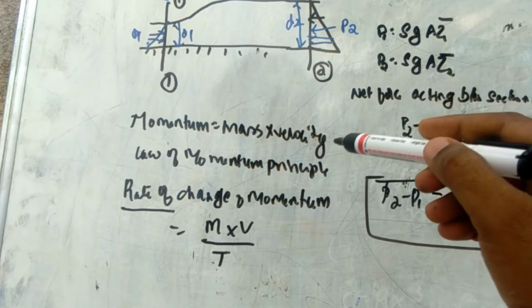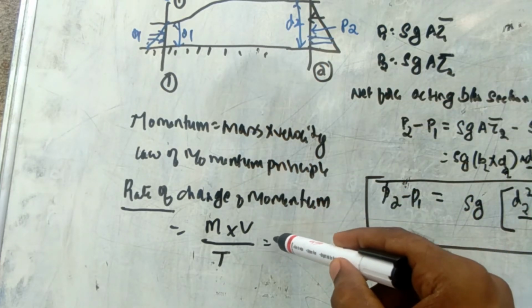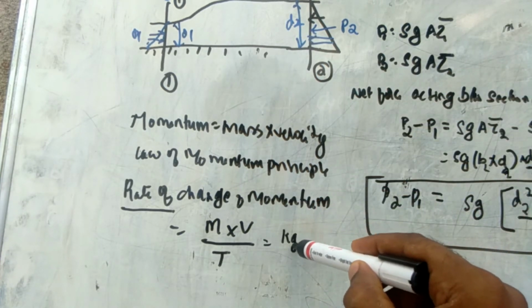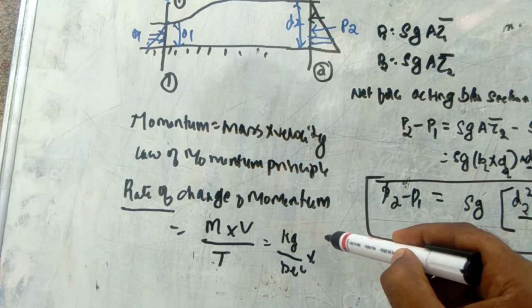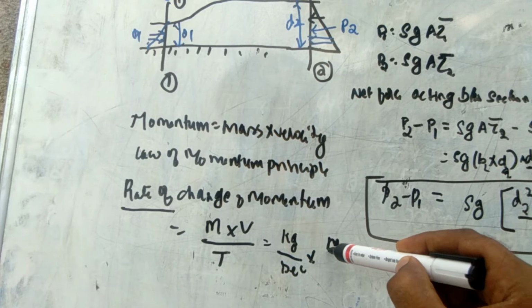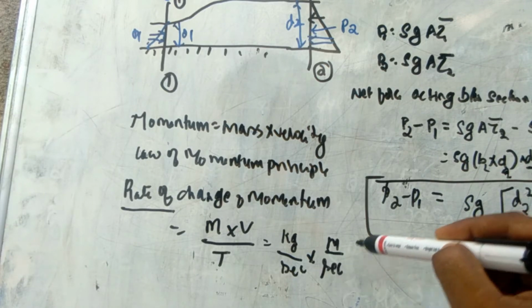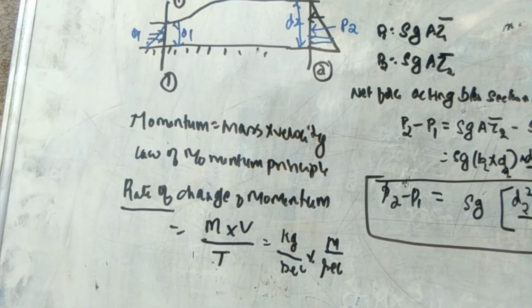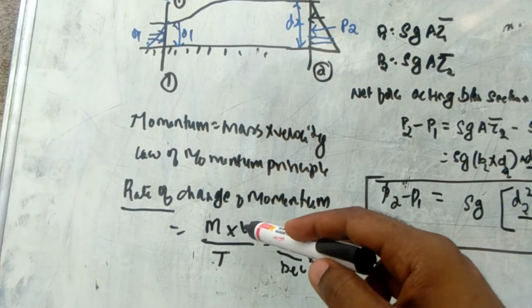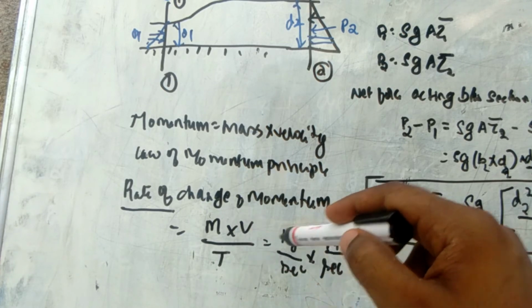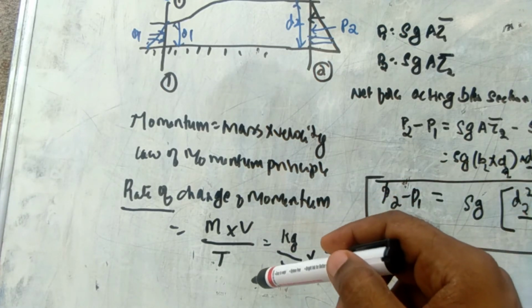So we can write this one in units: mass is kg, time is second, and velocity is meter per second, that is with respect to the unit. Whenever we are drawing that equation, you just draw the unit and then we can come to know what we can draw.